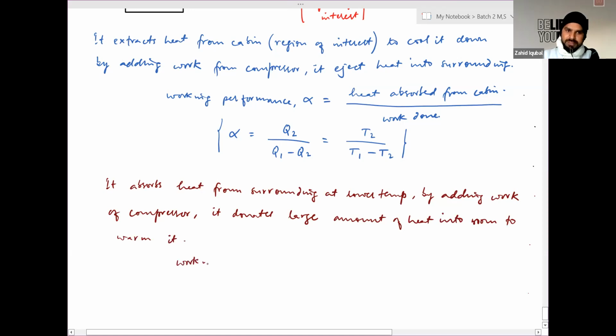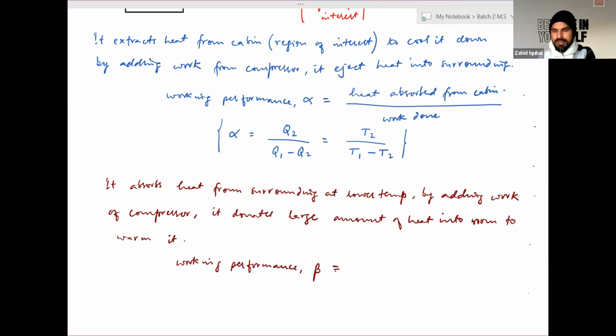So the working performance is denoted by beta. For this heat pump, it has to warm that room. So how much heat it donated into the room relative to the total work done by the compressor.